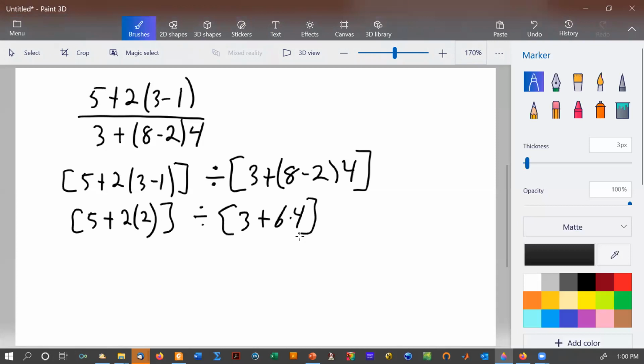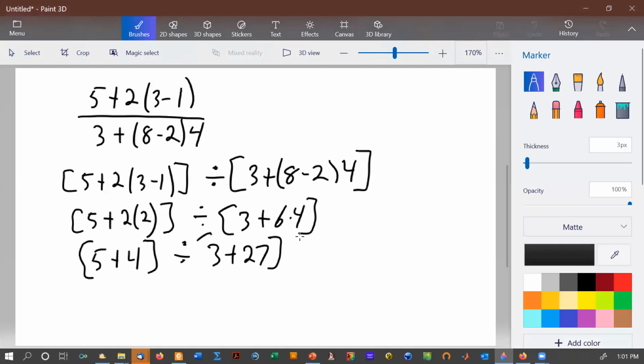And now in each case, and here I've written the multiplication two different ways, but it's the same process. So I do the multiplications first. This is 5 plus 4 in those brackets divided by 3 plus 6 times 4 is 24, and there are brackets around this.